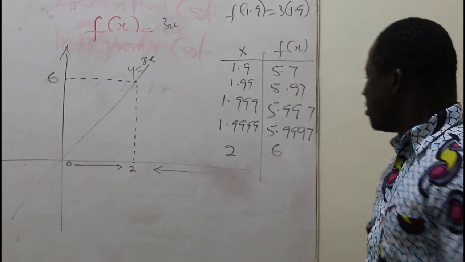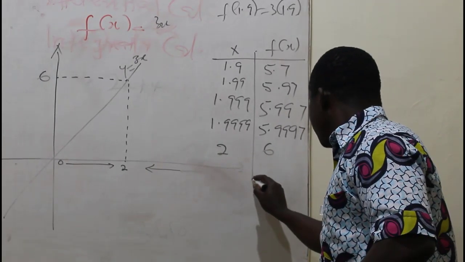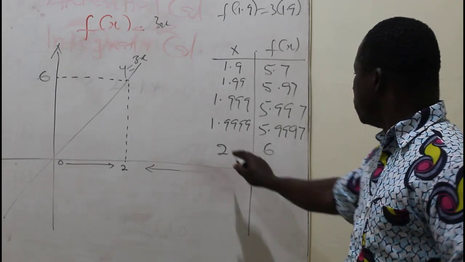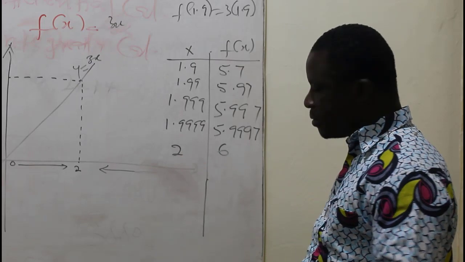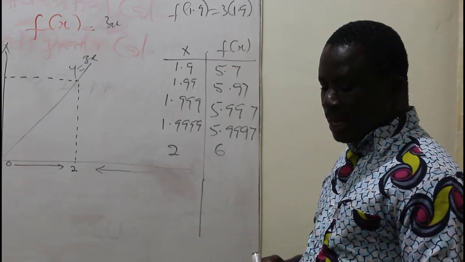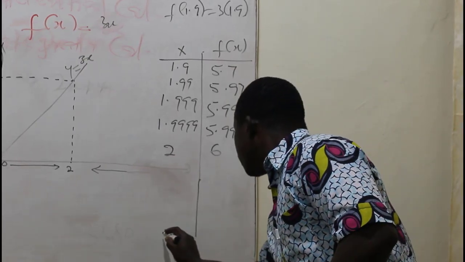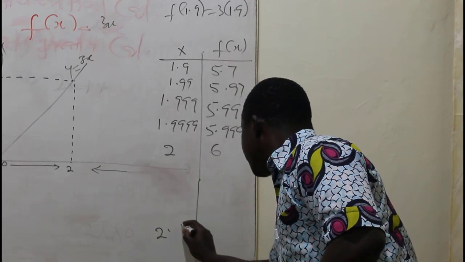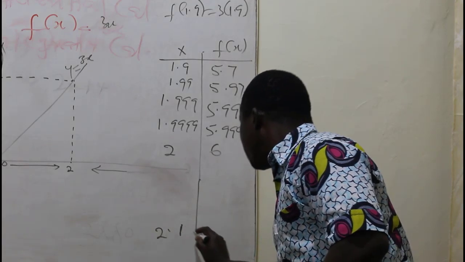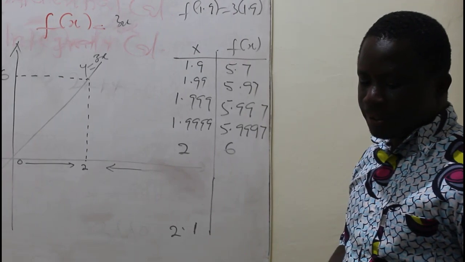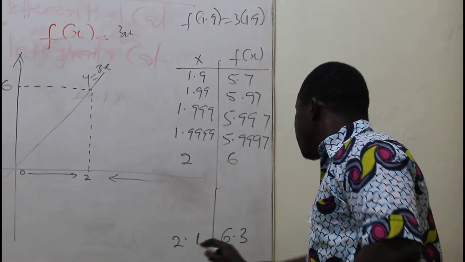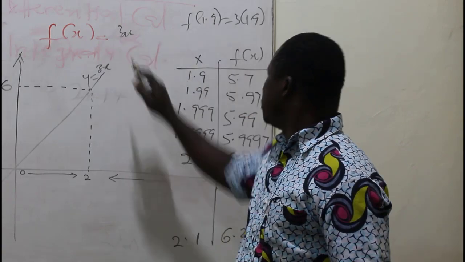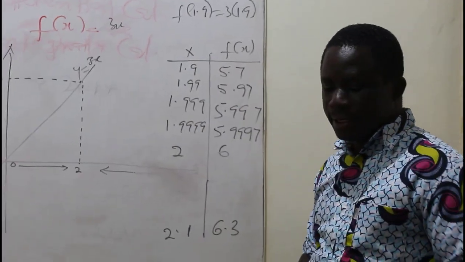We also want to approach this same value 2 from a different direction, the values bigger than 2. An example is 2.1. When x is 2.1, what will happen? We have 6.3. That is, when you put 2.1 into the function, you get 6.3.